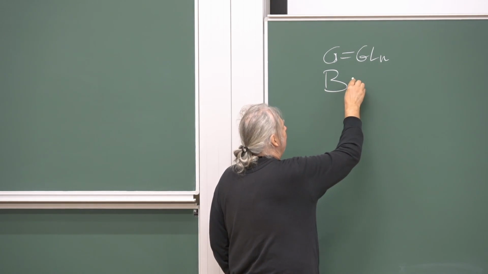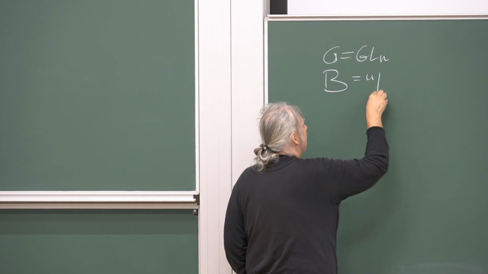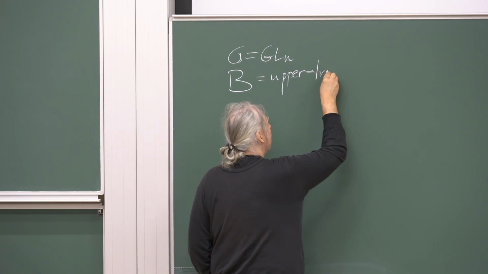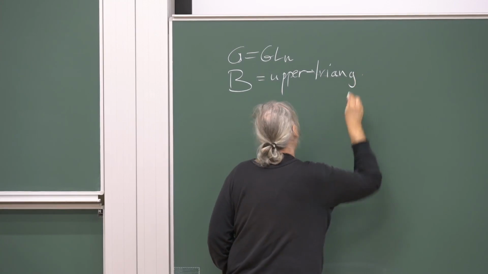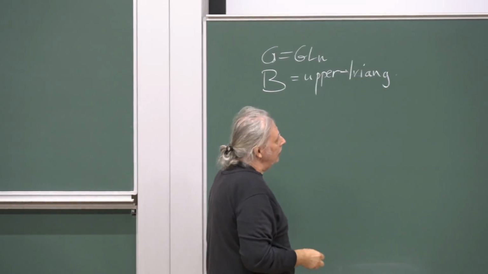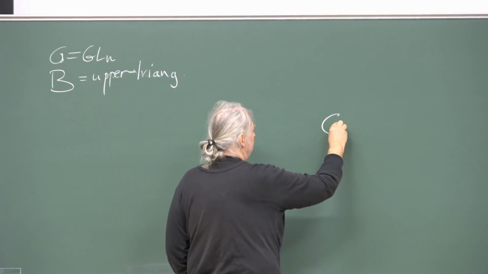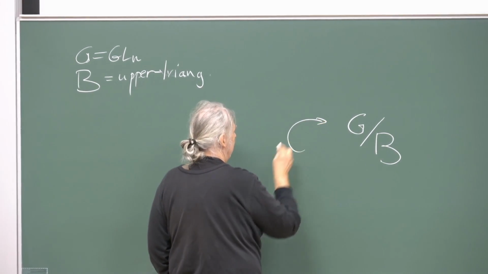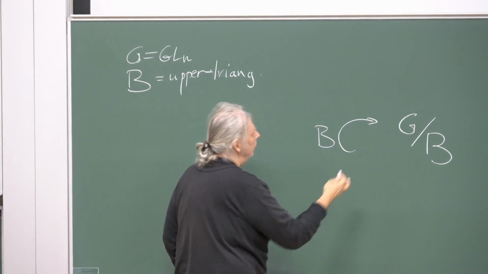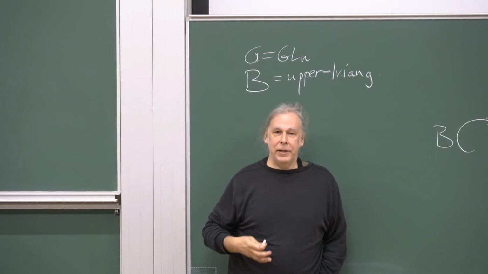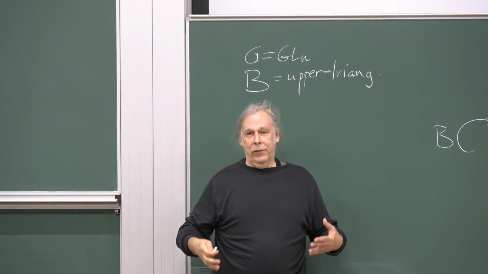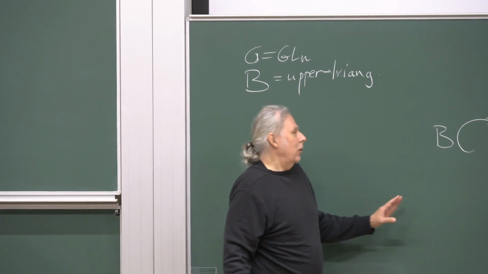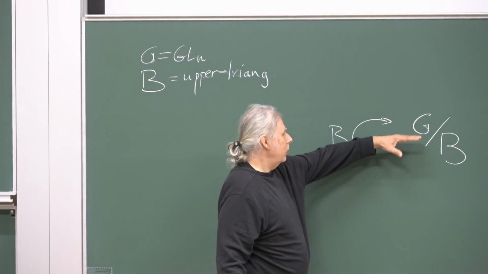So the Borel group is the upper triangular matrices. And for the Schubert varieties, you take G over B, you act with the Borel group, look at the orbits and then take their closures. So you have open cells, you have closed Schubert varieties, and all of Schubert calculus is here.